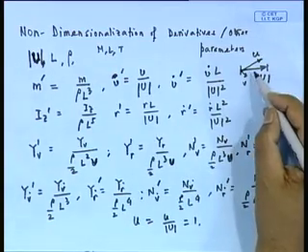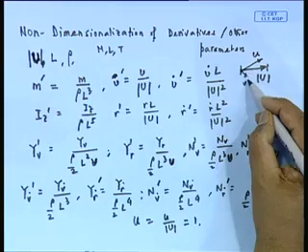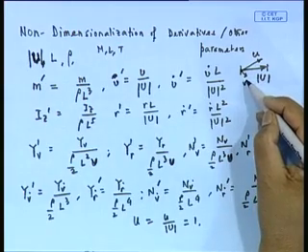For small angle of attack, which is what we assumed, sin alpha becomes alpha, cos alpha becomes 1. So that is why it becomes this.